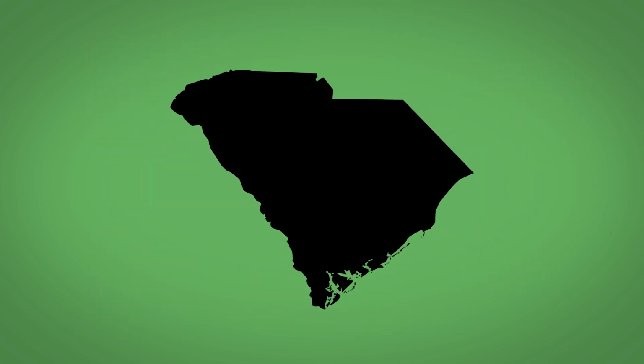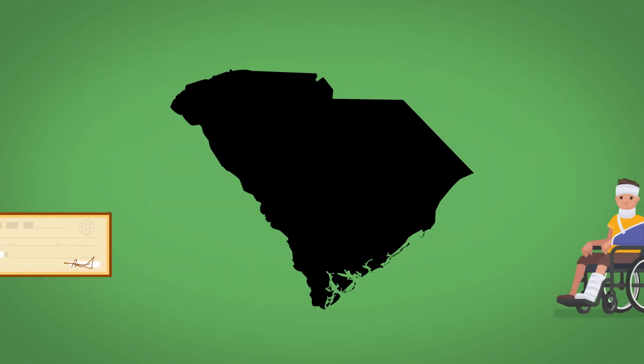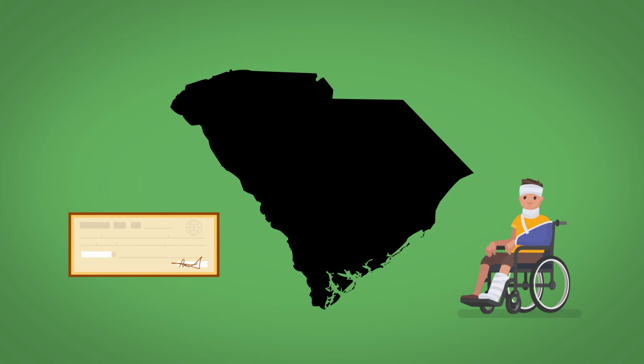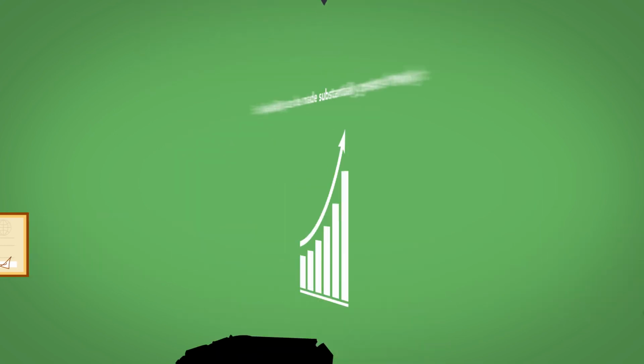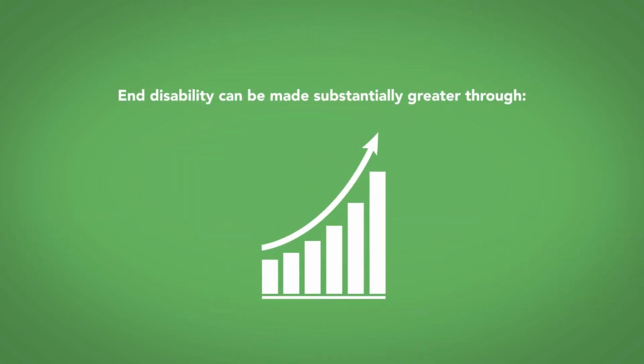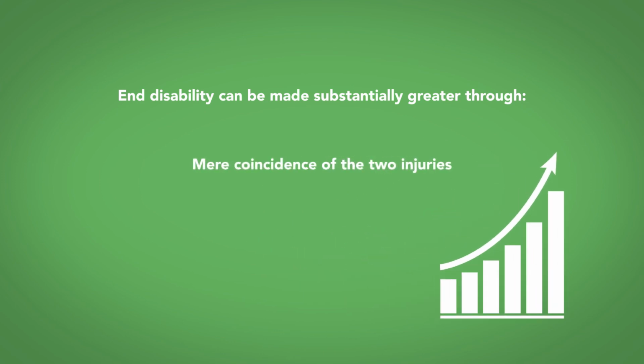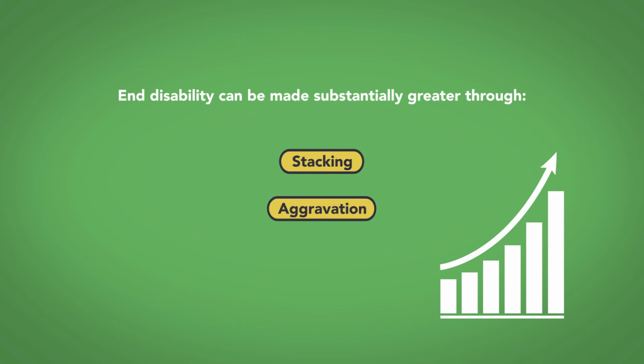For instance, South Carolina simply requires that for reimbursement to be paid, the end disability of the worker must have been substantially greater than that which would have resulted from the subsequent injury alone. End disability can be made substantially greater either through mere coincidence of the two injuries, or stacking, or by aggravation.